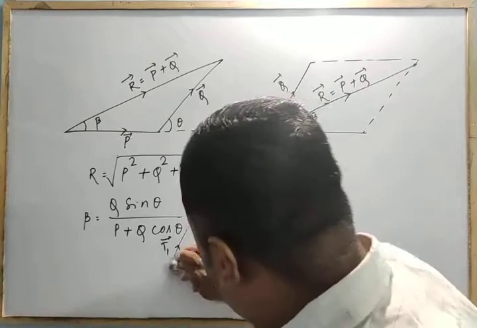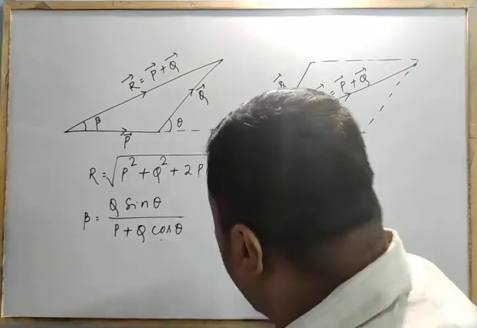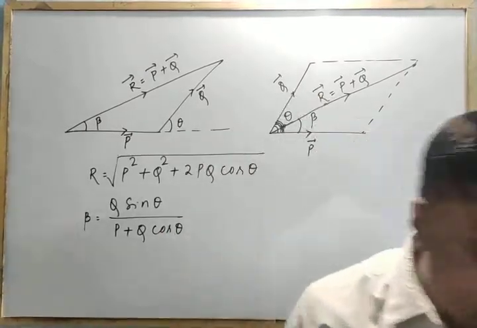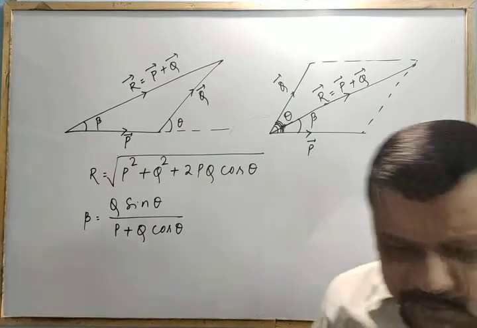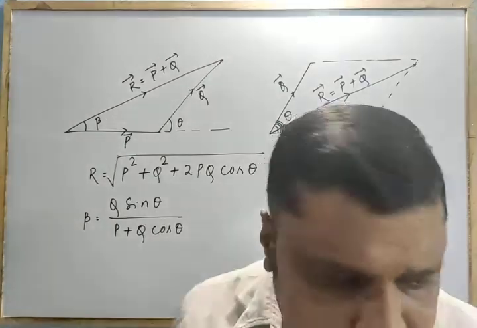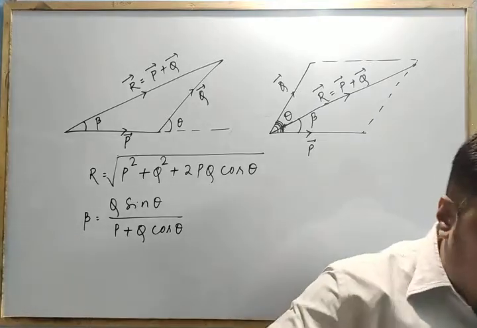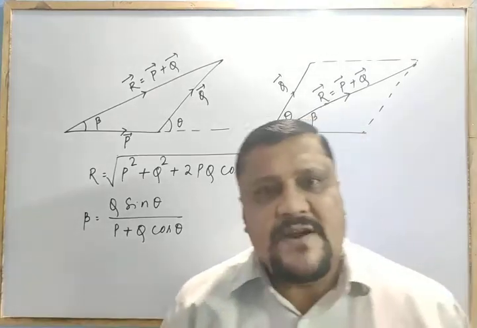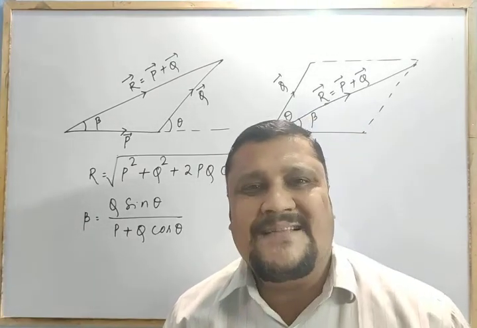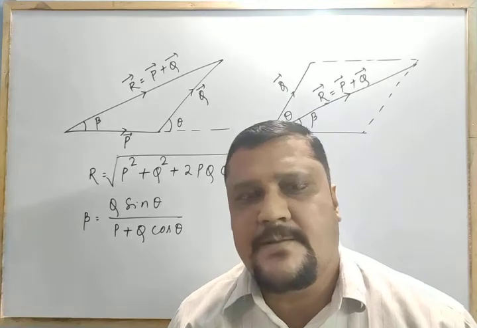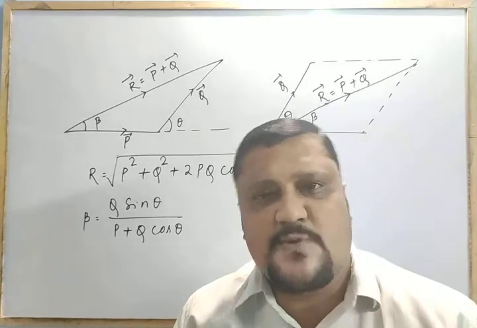These are the examples. Now, in this expression, if I ask you, under what condition will the resultant of two vectors be maximum? You got the cases, case 1, case 2, case 3.